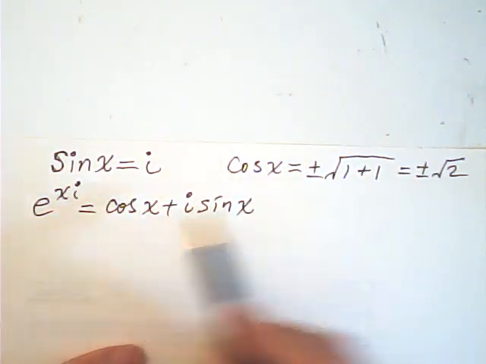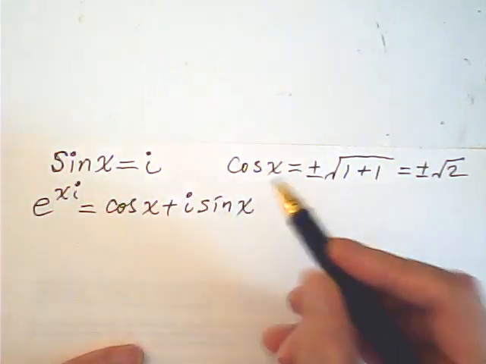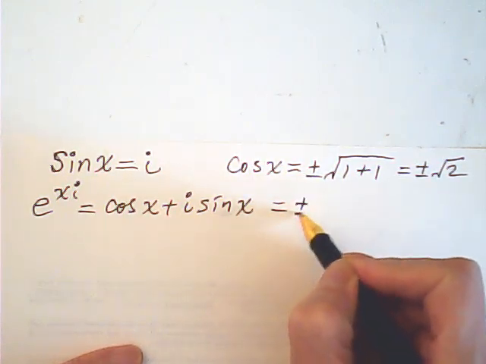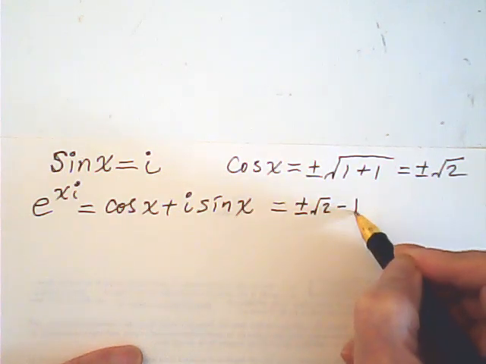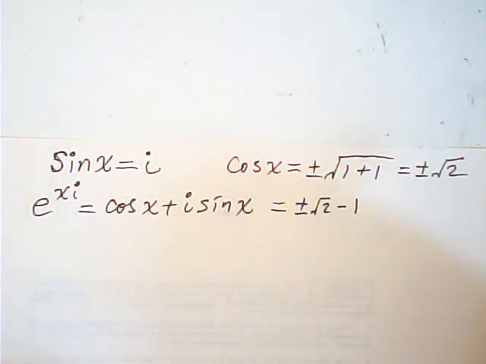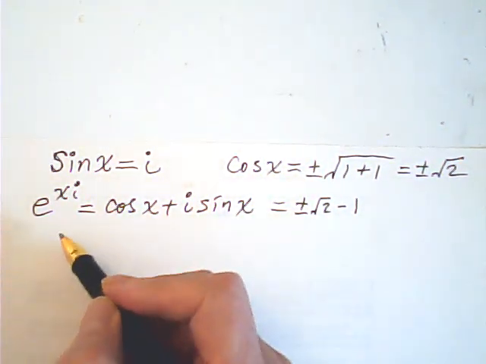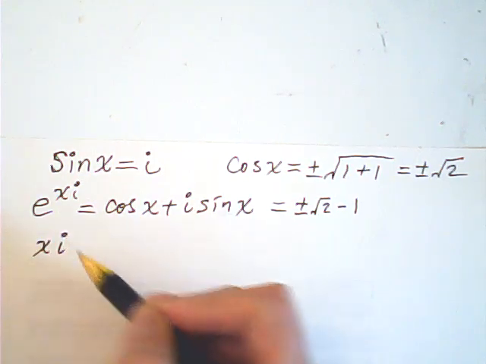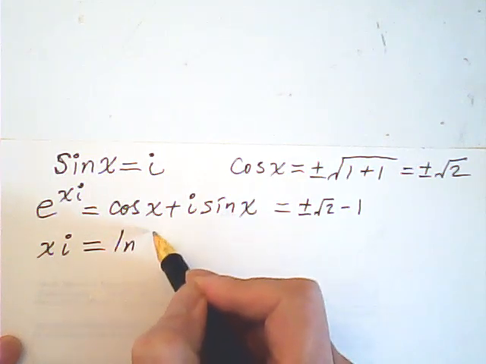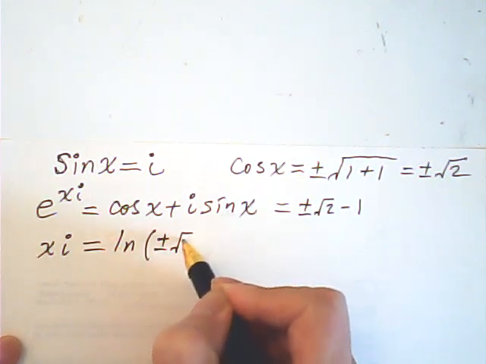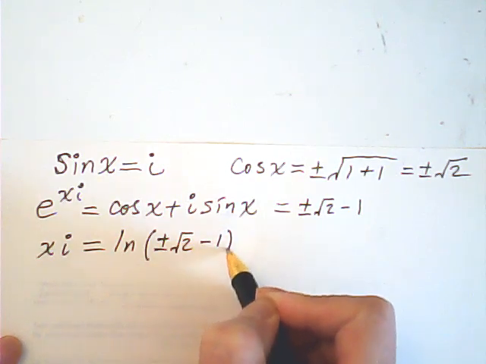Therefore, this is a cosine, this is a sine, that is equal to plus or minus root 2 minus 1. So from this, I know that xi is equal to natural log of plus or minus root 2 minus 1.